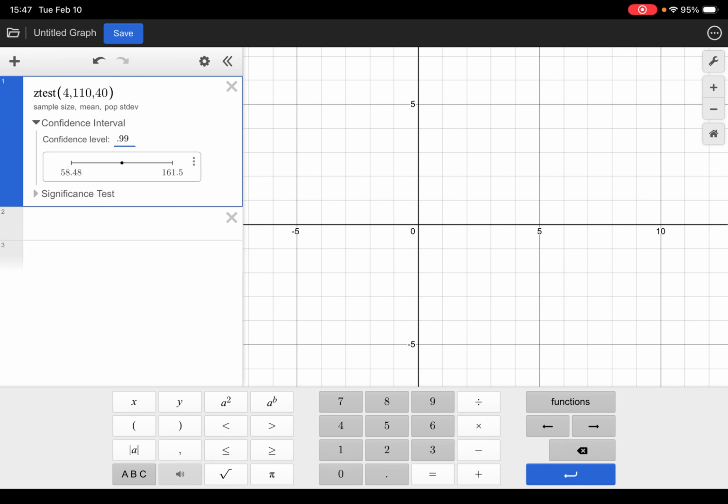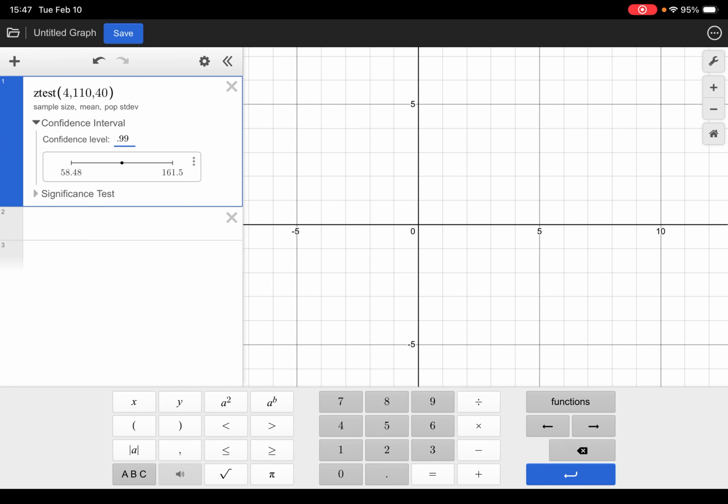Okay. So for example, it says find t-star for the following situations. 90% confidence interval with n equal to 5. Well, first I'm going to establish my t-star value. So this is negative t-star, this is positive t-star, okay, which means this area in between is representing a 90% confidence interval.